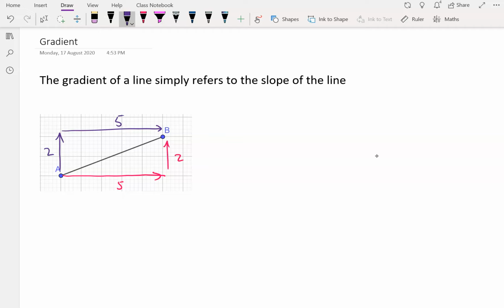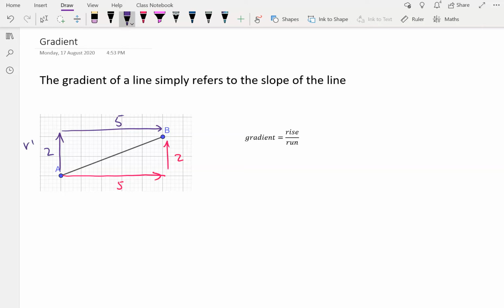But we needed one unique way of describing the slope, and we needed to decide: was it going to be how much I go up and how much I go across, or how much I go across and how much I go up? And mathematicians decided, and they came up with this. Quite simply, gradient was going to be rise over run.